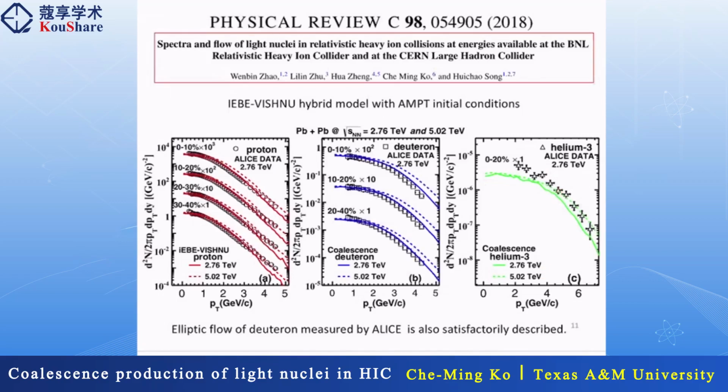I think at that time we debated whether helium-3 can be produced by two-body coalescence or three-body coalescence. Two-body coalescence is a deuteron coalescing with a proton to make helium-3. Three-body coalescence is two protons and a neutron coalescing together. I think here it includes just one of those, not both.